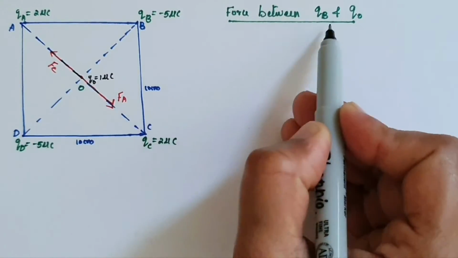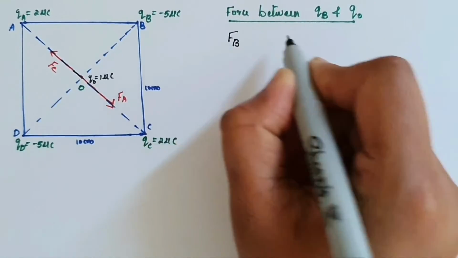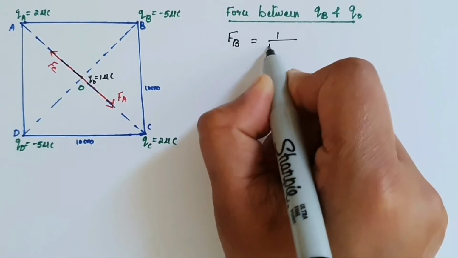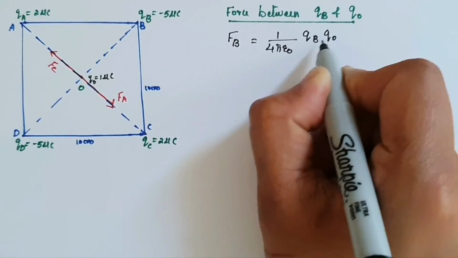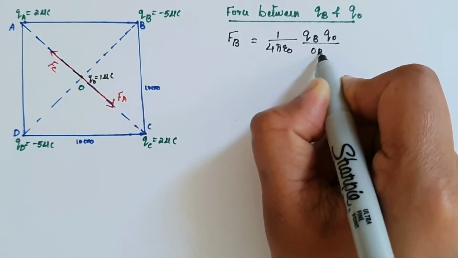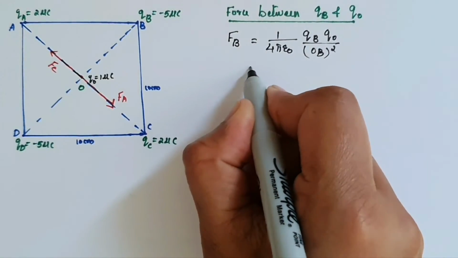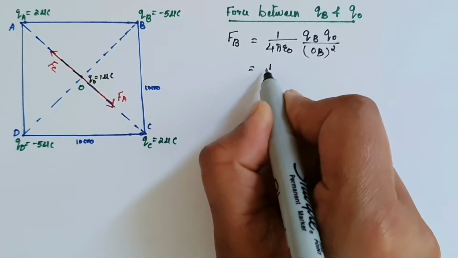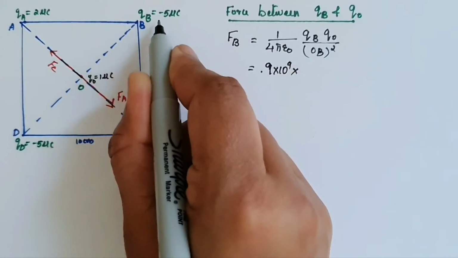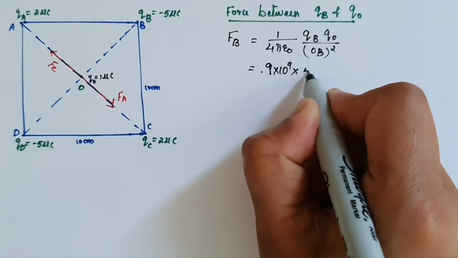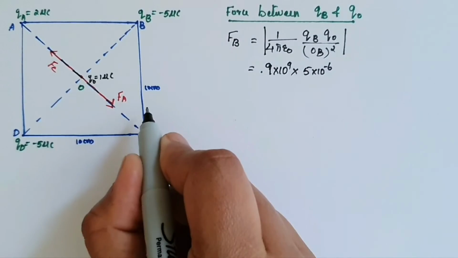Now what is the force between QB and Q0? That is FB. This is equal to 1 by 4 pi epsilon 0 times QB Q0 by OB square. This is equal to 9 into 10 raised to 9 into QB, that is 5 microcoulomb, 5 into 10 raised to minus 6. We are only taking the magnitude of the values.